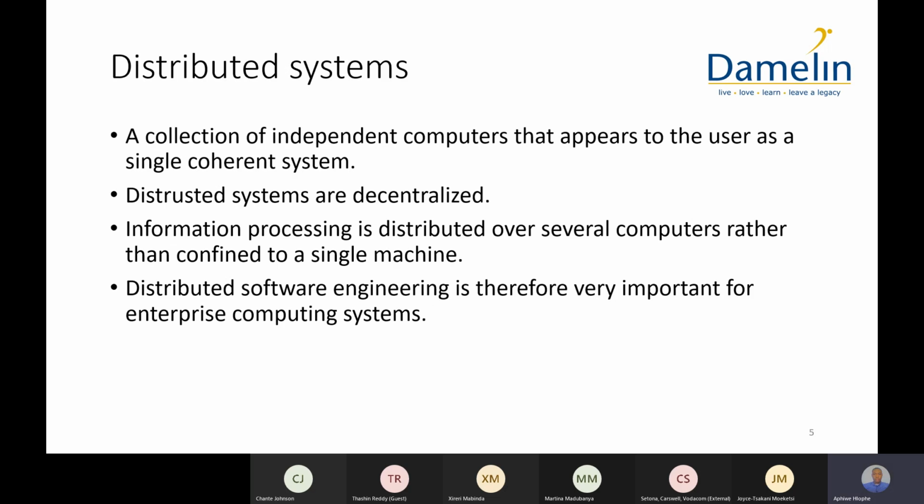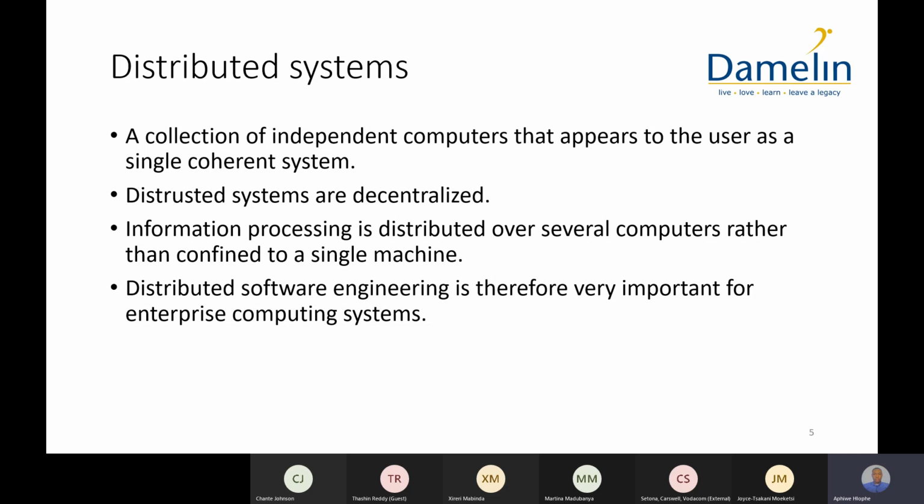And to further elaborate on the distributed system, it's a collection of independent computers that appears to the user as a single coherent system. So the user doesn't normally know that the system that they are using is distributed, okay? They just click a few buttons, they just use the system. They're not even really concerned about that, and they don't get to see what's behind the architecture.